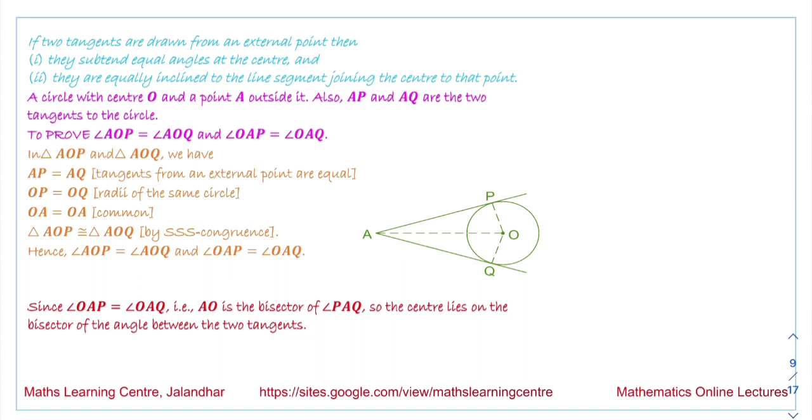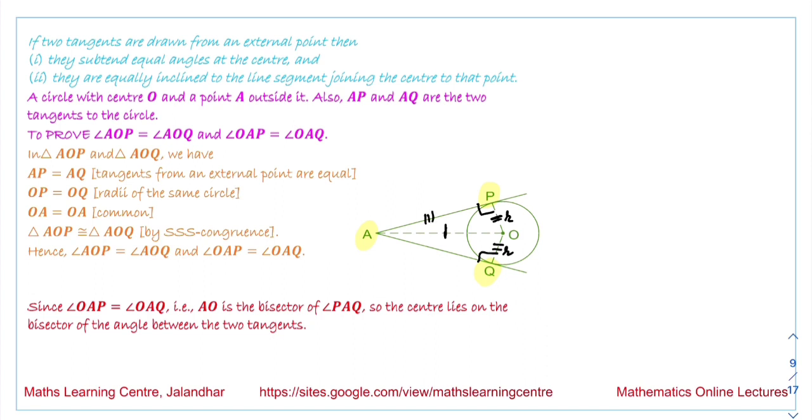Now, this is the circle, point A is the external point, and AP and AQ are the tangents. These two are perpendicular to the radii. We have seen that OA is common, and OP and OQ are the radius, so they are equal.